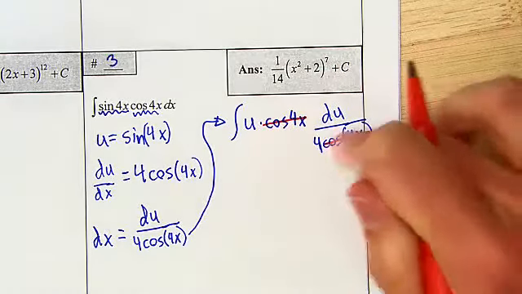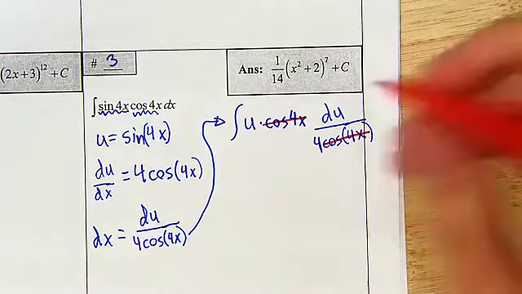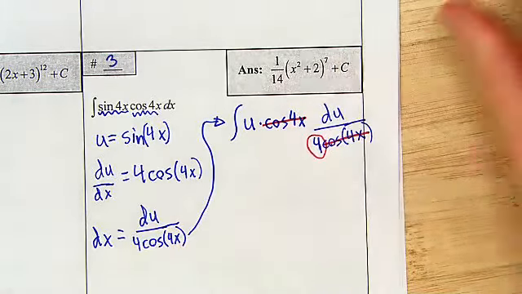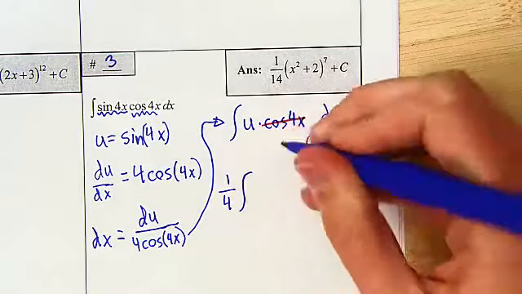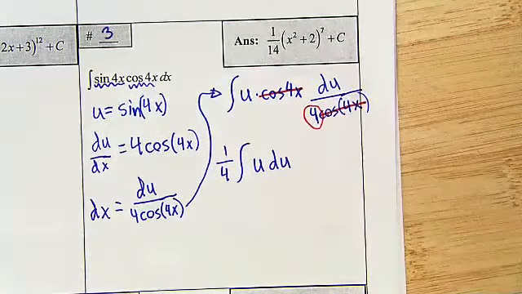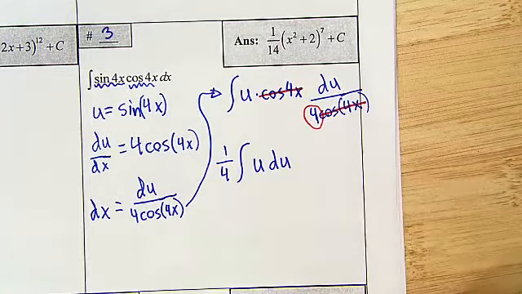So both of those will cancel each other out, which is really nice. Also, at the same time, I have this divide by 4, so I can move that out in front. So I now have 1 over 4, and then the integral of u du. And that's a much nicer looking integral. It has only just u's. We're happy with that.